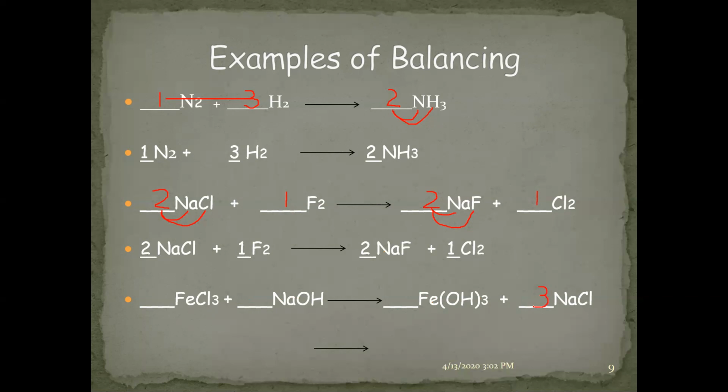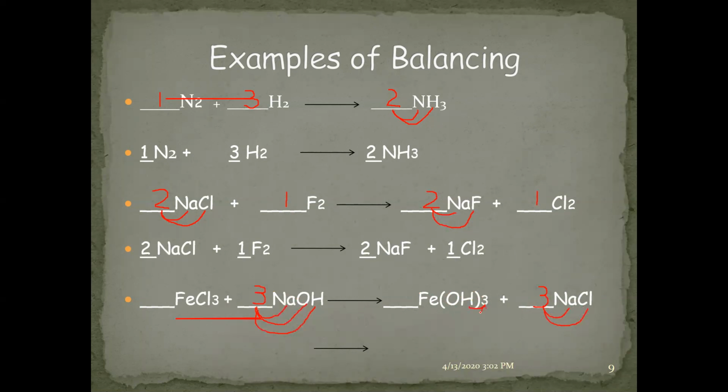So at this point, I have 3 chlorine. But again, by doing that, that 3 gets distributed to the Na and to the Cl. So I have 3 Na on the right side. I need to have 3 on the left. So go ahead and add your 3 right here. But by doing that, that 3 gets distributed to the Na, to the O, and to the H. So if I look back on the right side, what I mentioned before, that little 3 gets everything inside of the parentheses.